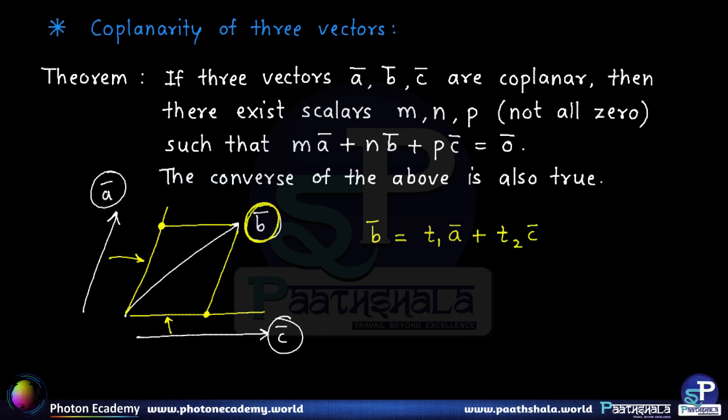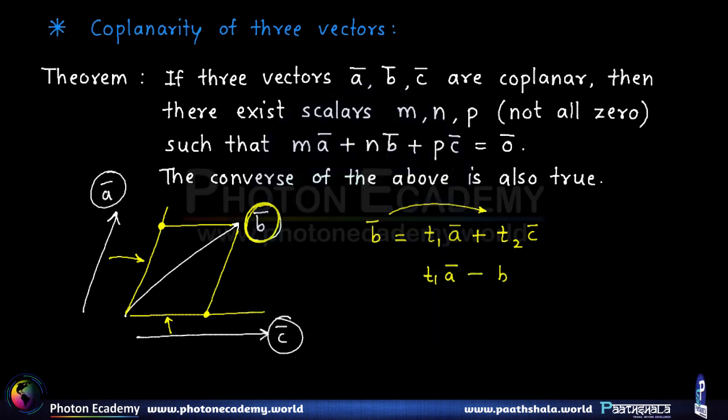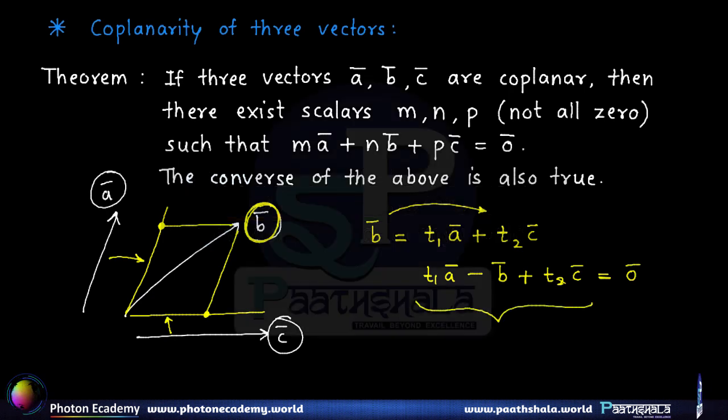So that means if you take b bar on the other side, we will have t1 a bar plus, or rather let me write b bar in sequence of letters, minus b bar plus t2 c bar is equal to 0 vector, right? So here we see that clearly we have obtained one linear combination of a bar, b bar and c bar, where one of the coefficients is definitely not 0 and the linear combination is 0, right?